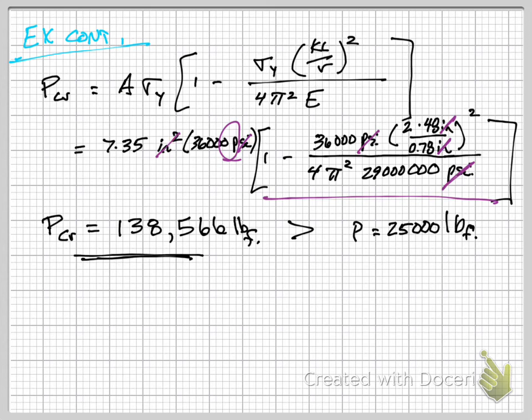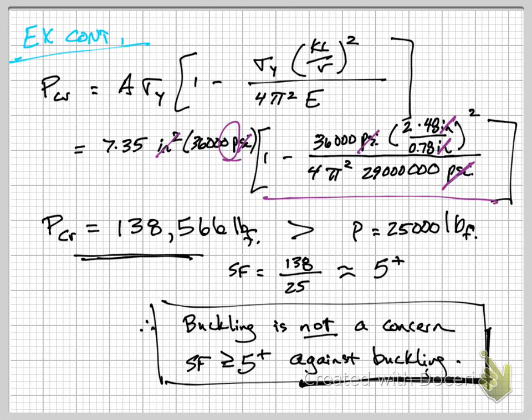In fact, our safety factor is about 138 over 25. So we have a safety factor of, oh, I don't know, 5.5. So because P critical is so much bigger than my value of P, with a safety factor of more than 5, I can say that buckling is not a concern because I have a safety factor more than 5 against buckling.